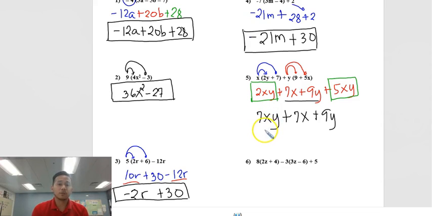It's the same, okay? It will be okay to flip your x and y. It doesn't matter their position. Now, your 7xy is not a like term with 7x, okay? Because your 7xy has a variable of x and y, while 7x only has x. So this is now our final answer to this problem.